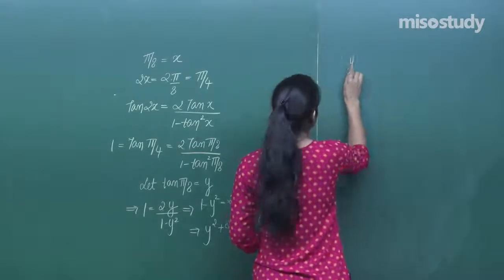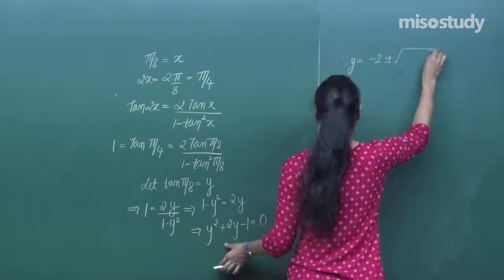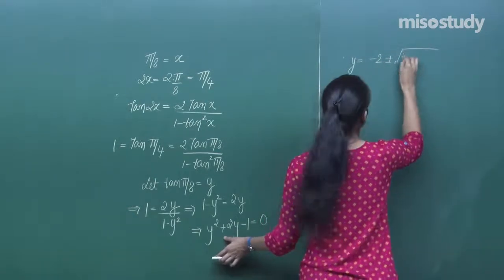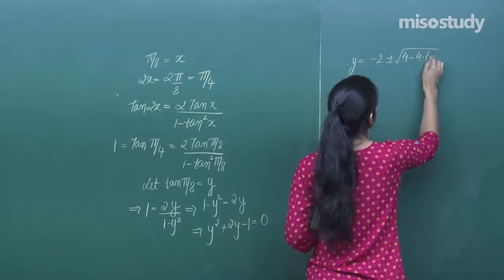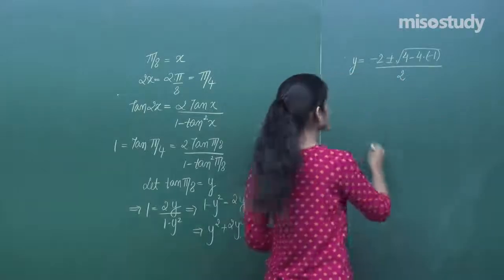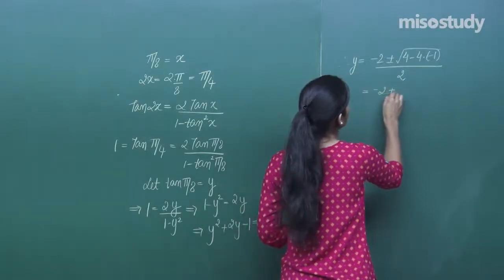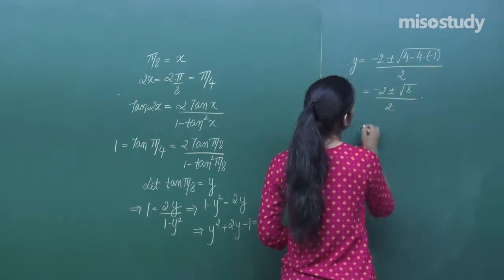So therefore y is minus b plus minus root over b square minus 4 into 1 into minus 1 upon 2. This gives you minus 2 plus minus root 8 upon 2.